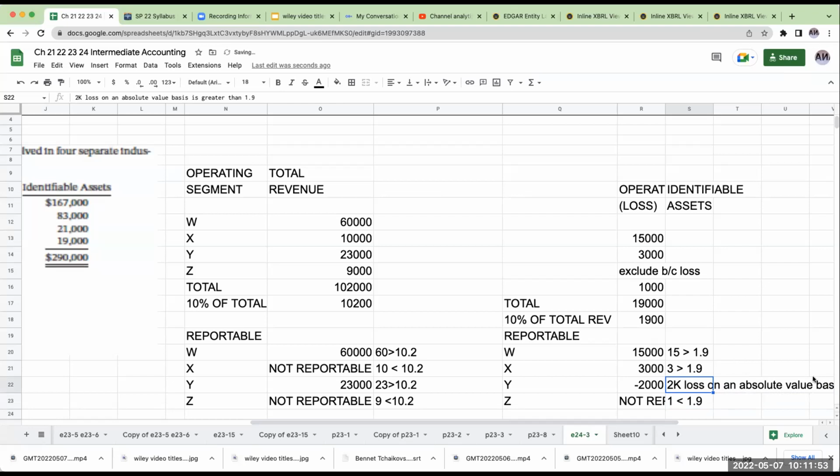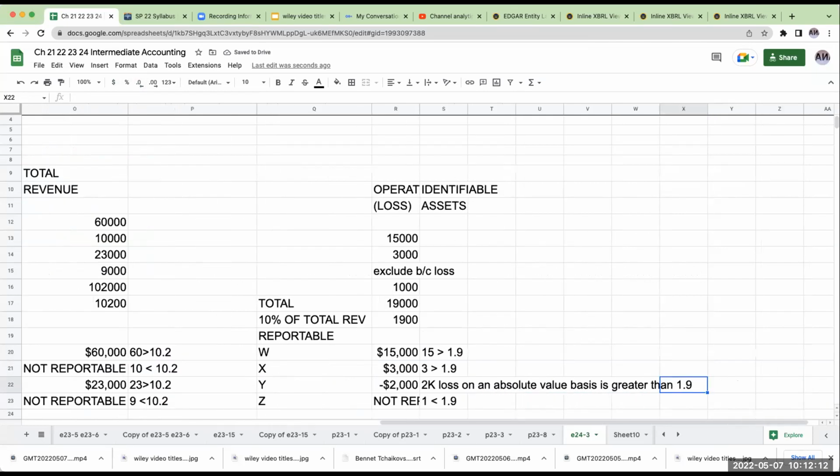So when it comes to losses, we don't look at the fact that it has a negative number, because then it would actually be less than 1.9. But when it comes to reportability, I have to ignore the negative amount. I just assume it's an absolute value. So it's actually 2,000. Now, if the threshold was 2,900, then this would no longer be applicable.